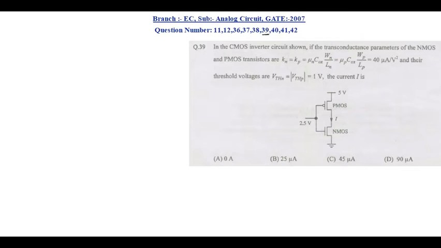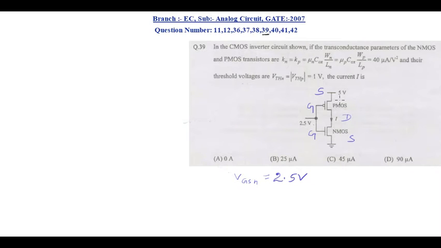So by naming the terminals, we can find out what is VGS of NMOS, that is VG minus VS, 2.5 volt minus 0 volt, that is 2.5 volt. Similarly, we can find out the VSG of the PMOS transistor.